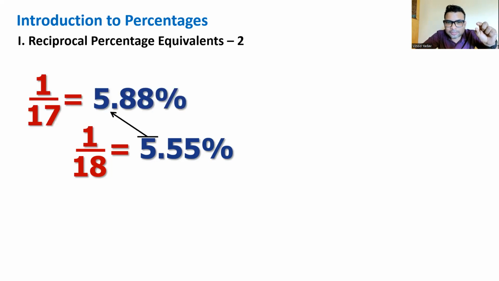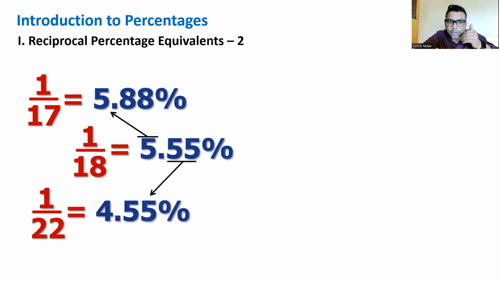So 1 by 17, retain the first 5, change the last two 5s. And change by what? See, in 17, if you add the digits, 1 plus 7 is 8. So 5.55 became 5.88. Similarly, next is 1 by 22. So now retain the last two 5s. Change the first 5. Change by what? So 22, sum of the digits is 2 plus 2. That is 4. So 4.55.